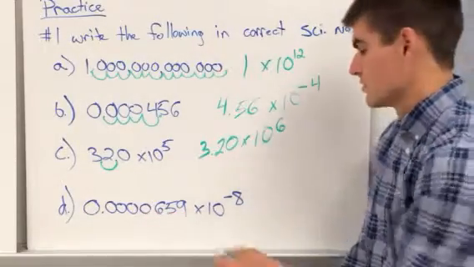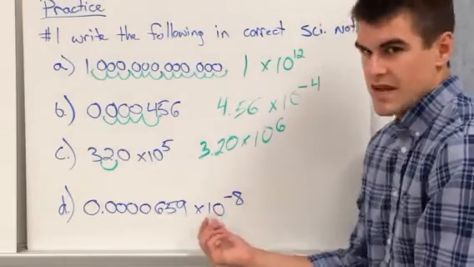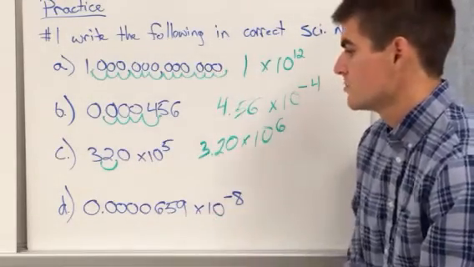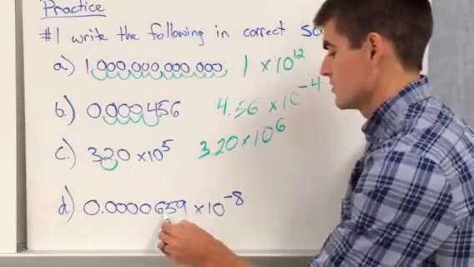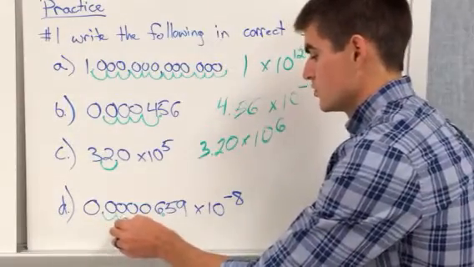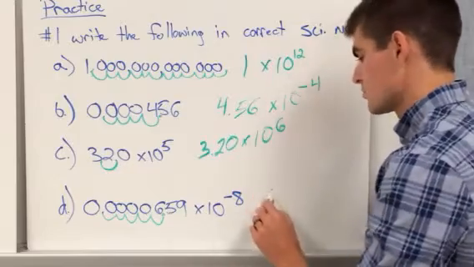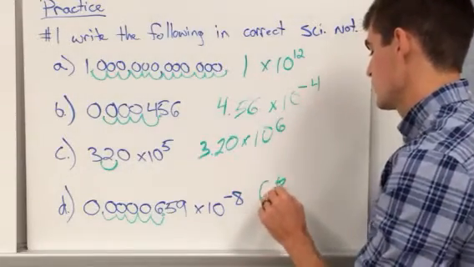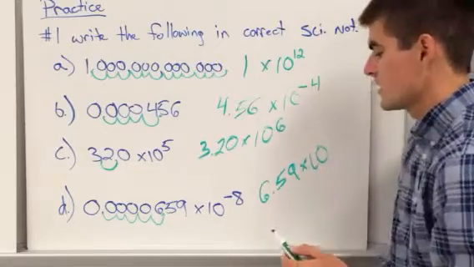Letter D, same thing, except I put 2 decimals in there. I don't know why. We'll go with this one. It looks kind of like proper scientific notation, but it's not. So I want to move it here. To do that, I need to move it 1, 2, 3, 4, 5 spaces. So we'll report our answer as 6.59 times 10.